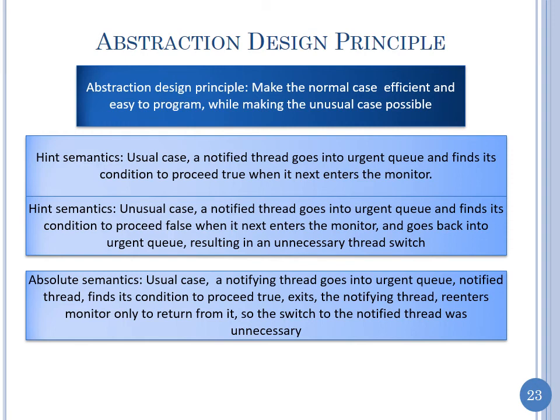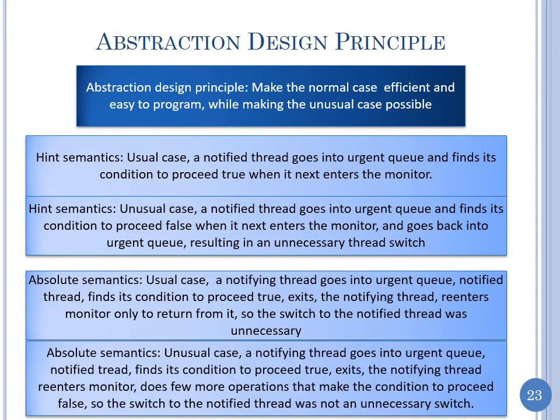It's going to just return back. So all it did was re-enter to go back, and so there was an unnecessary switch to the monitor, which can often occur, and this kind of switch often involves the kernel and system calls, which are expensive, and it was also an unnecessary thread switch. Why switch from the notifying thread to the notified thread and back to the notifying thread? We could have just gone from the notifying thread to the notified thread.